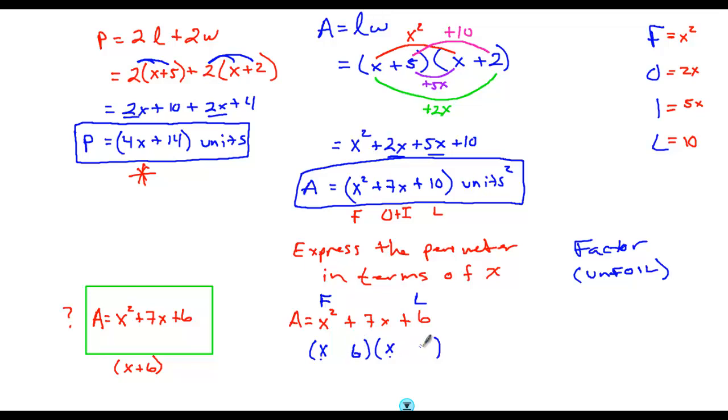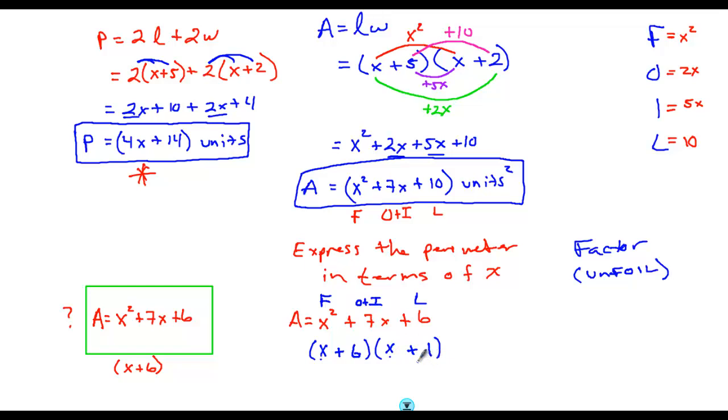Well, the answer is 6 times 1. Now, we'll do the outside plus the inside here. Outside, 1x. Inside, 6x. Will 1x and 6x add up to 7x? The answer is yes, as long as it's positive 6x and positive 1x.